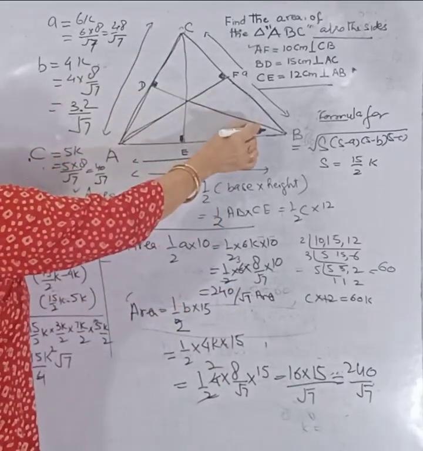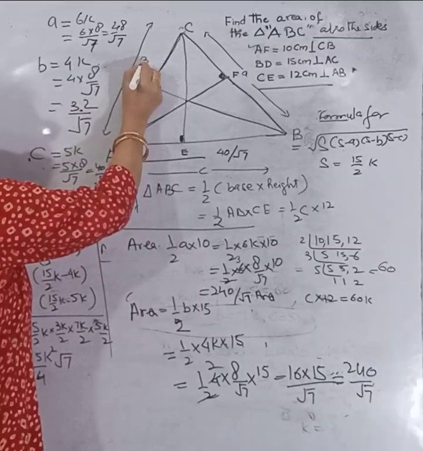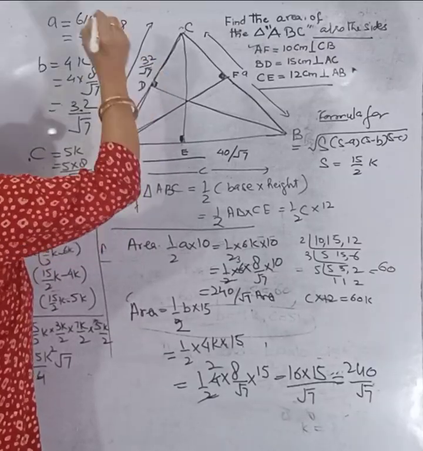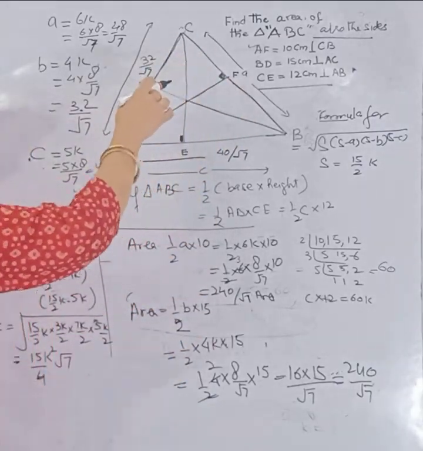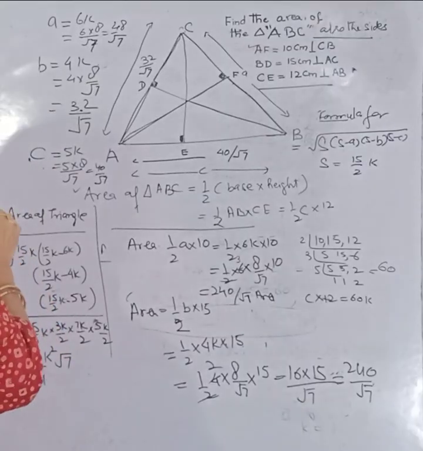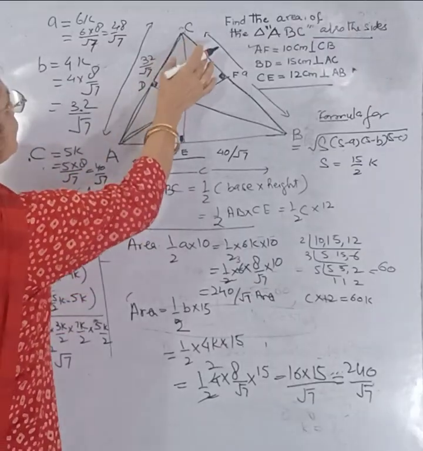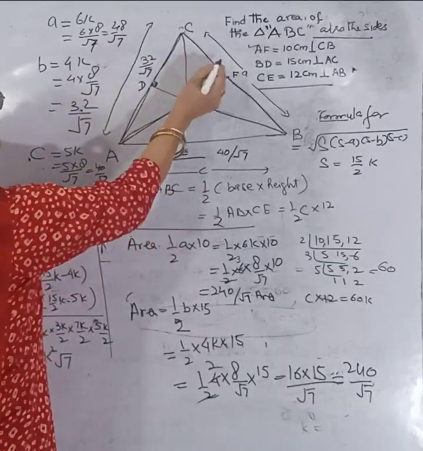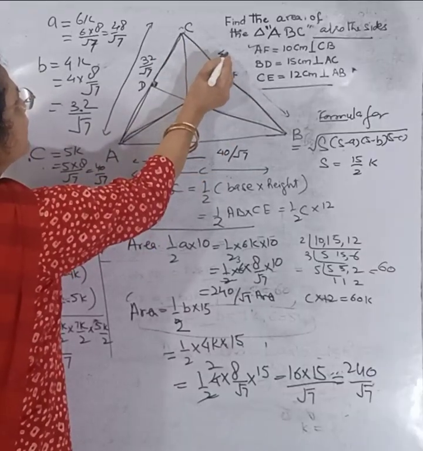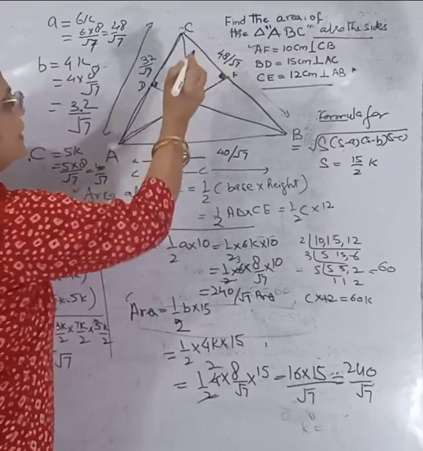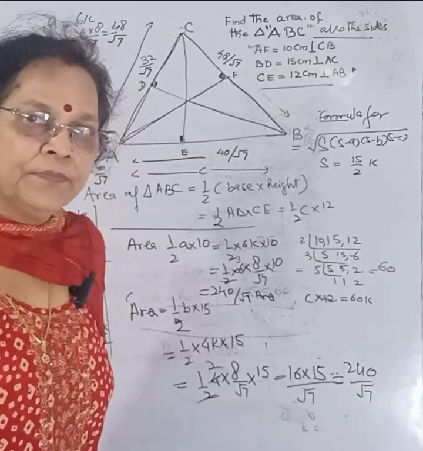This is A and this is B. The length of this side will be equal to 32 upon root of 7, and the length of this side A will be equal to 48 upon root of 7. It means we can find the sides as well as the area.